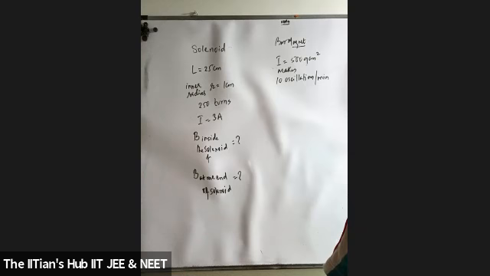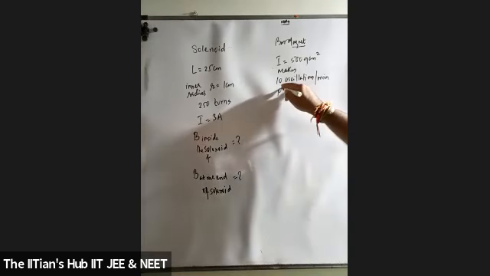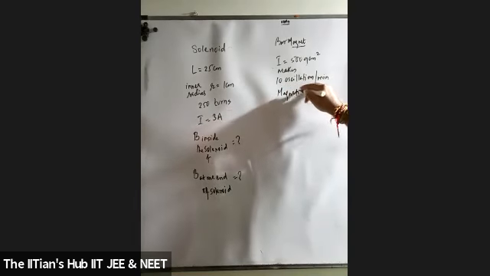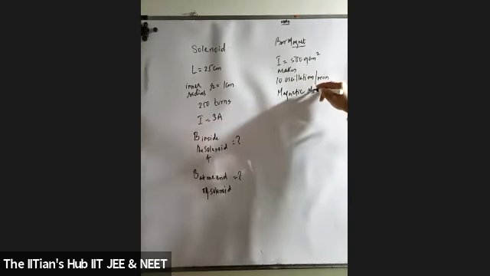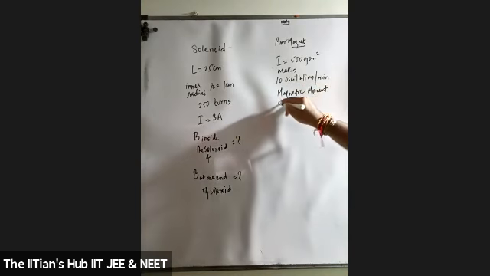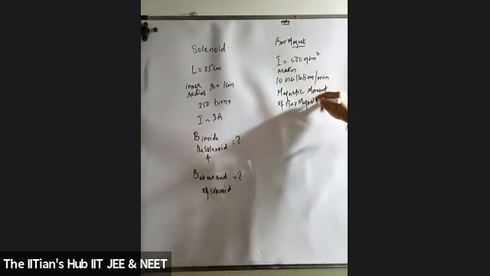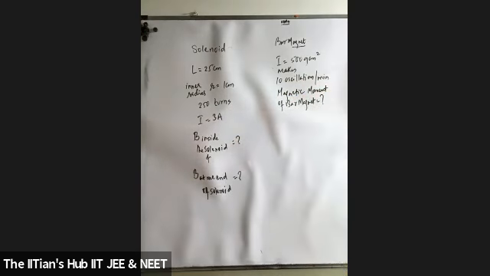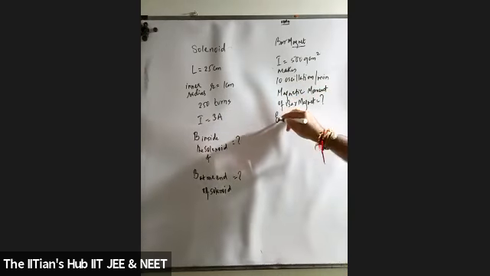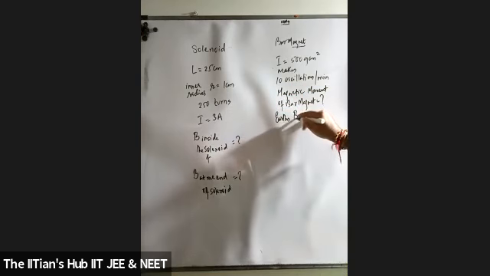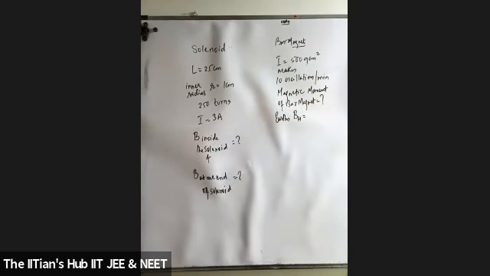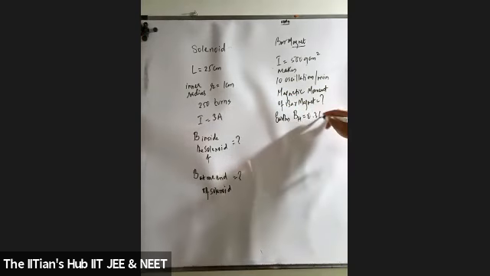What is the magnetic moment? You have to find out the magnetic moment of the bar magnet, if Earth's horizontal magnetic field, BH, is given to you, 0.36 G.